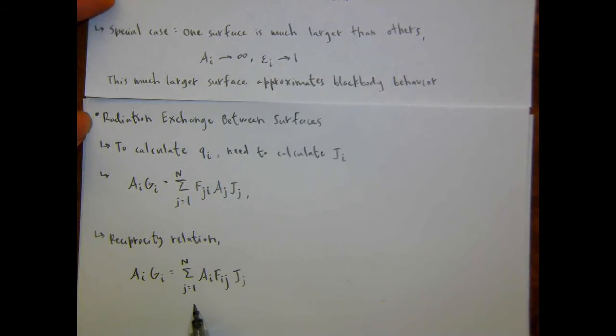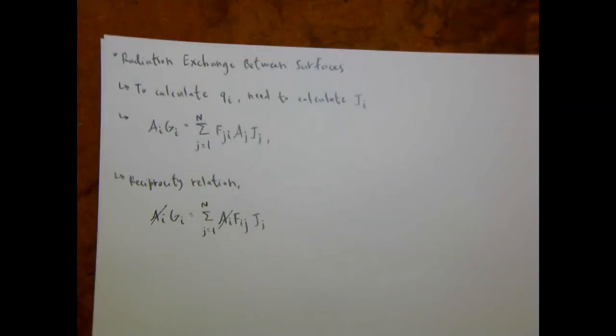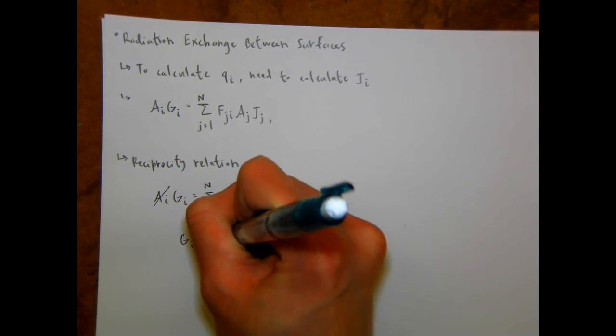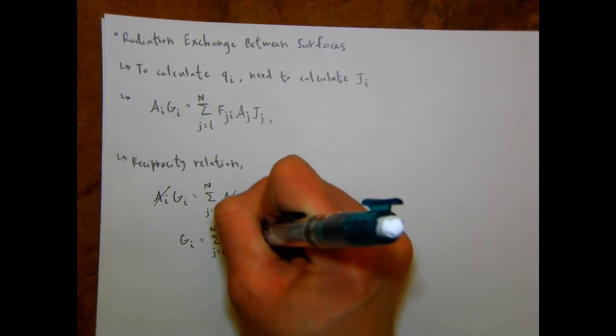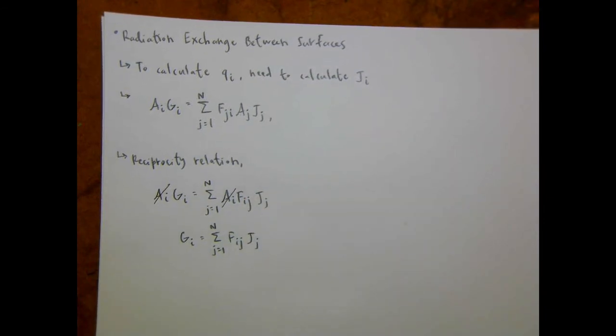And now the summation is over J, and the area of the surface I is going to be a constant independent of that summation, so it'll cancel. And we have this expression for the irradiation in terms of the view factor and the radiosity of the other surfaces.